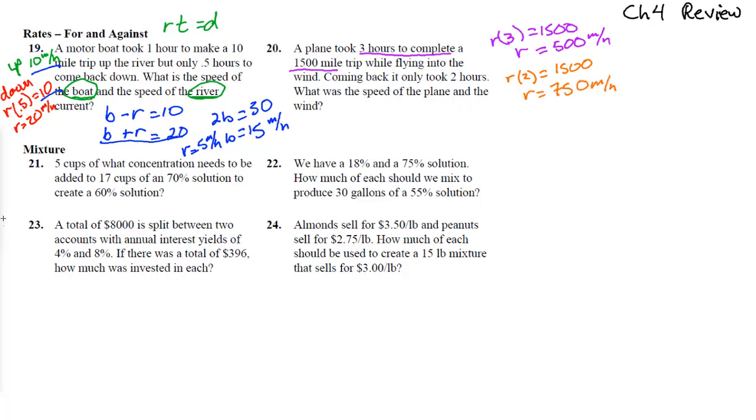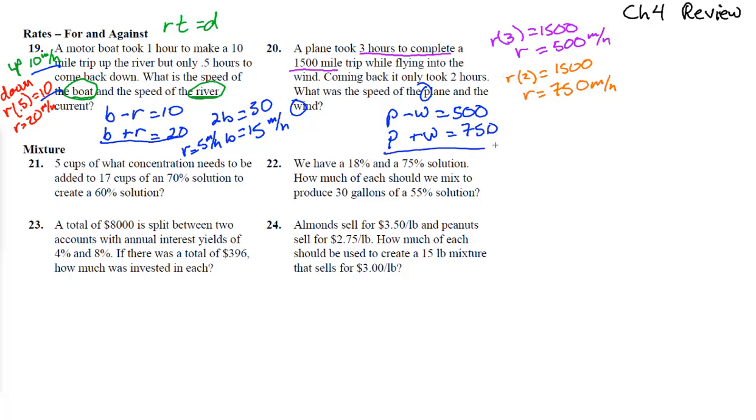So we have two equations here that we can now use. When we're doing the plane and the wind, when the plane is flying into the wind, they subtract and we get 500 miles per hour. And when the plane is being pushed by the wind, they add together, it's 750 miles per hour.